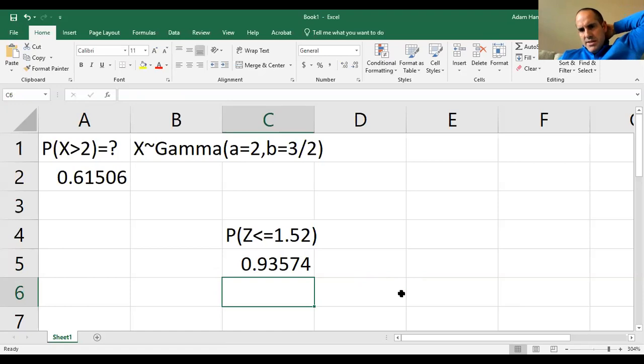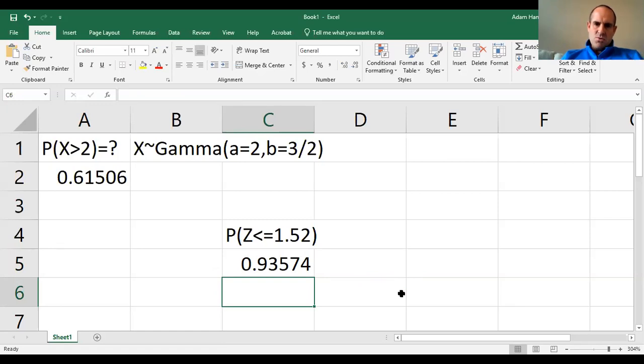And I guess that makes sense, right? Because remember, for the standard normal, 0 is right in the middle, so 50% of the data will be to the left of 0. 1.52 is clearly to the right of 0.